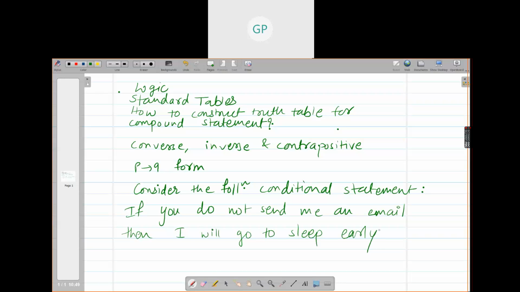Okay, so this is your conditional statement. From this, you find out what is your P, what is your Q, and then one by one write down converse, inverse, and contrapositive. Do you understand the question? Girls, do you understand the question?